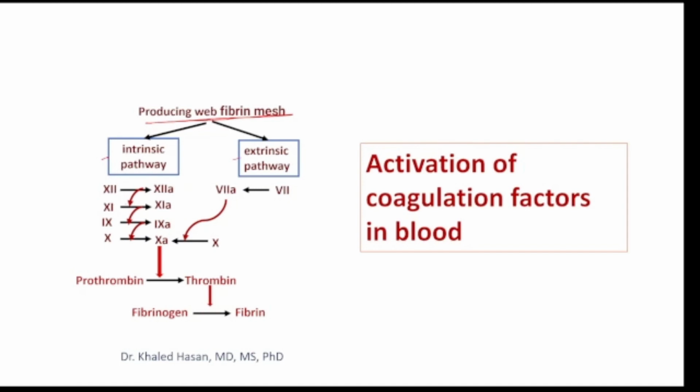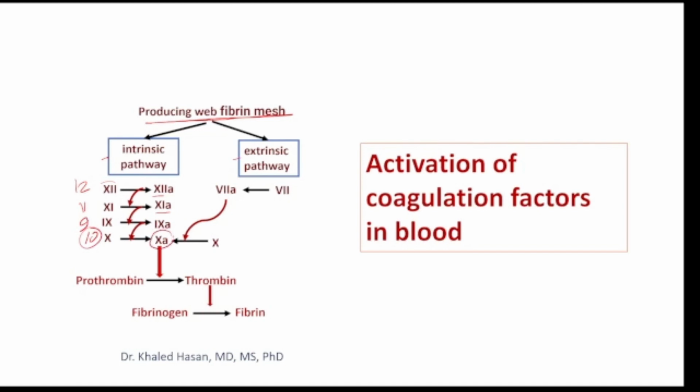The intrinsic pathway starts with the activation of factor 12 to 12A. Then 12A will activate factor 11 to 11A. 11A will activate factor 9 to 9A. Then factor 9A activates factor 10 to 10A.